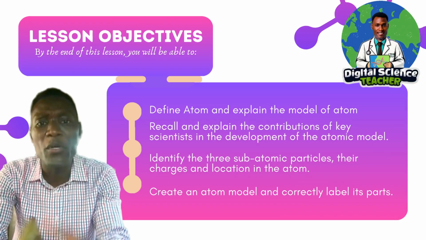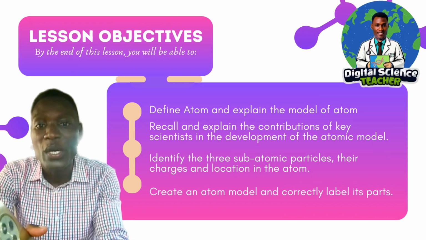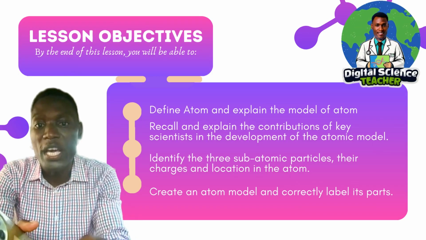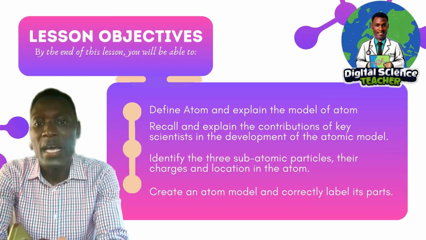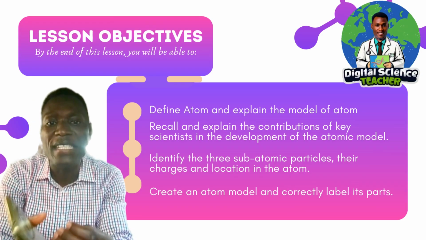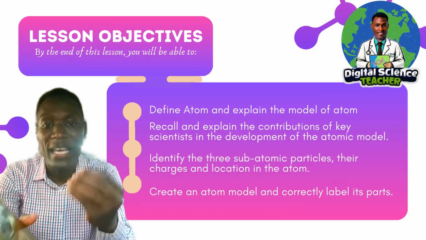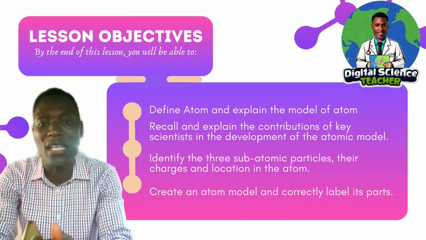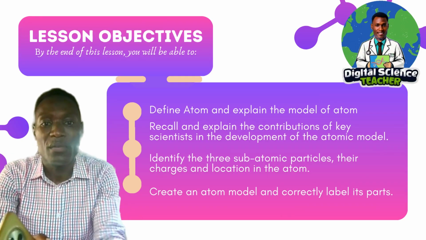You should be able to identify the three subatomic particles, their charges, their location, their mass in the atom. Then you should be able to create an atomic model and correctly label its parts. So at the end of this lesson, these are what you must achieve.